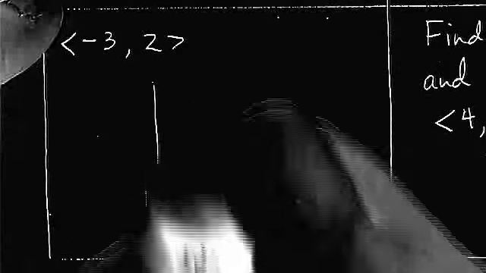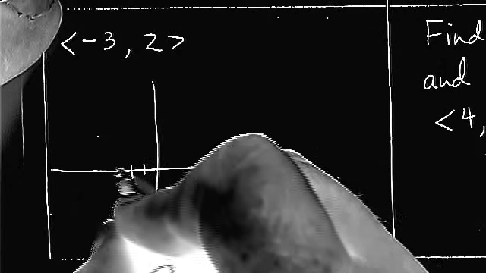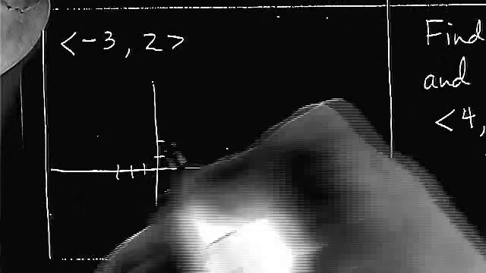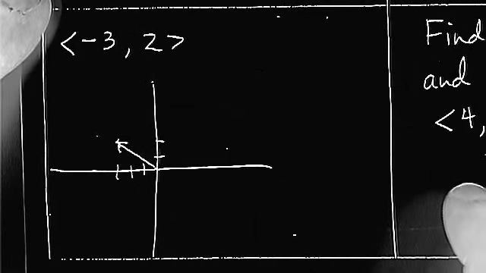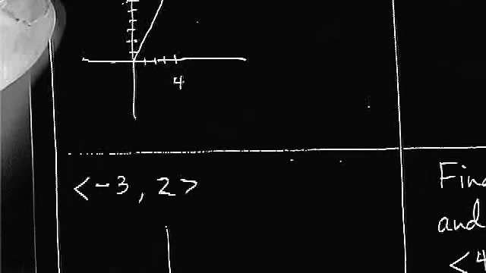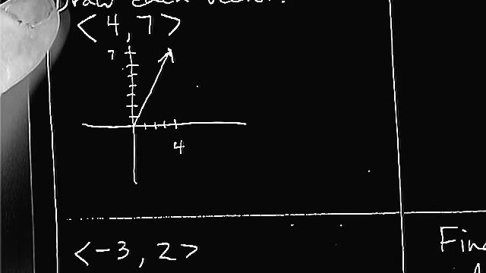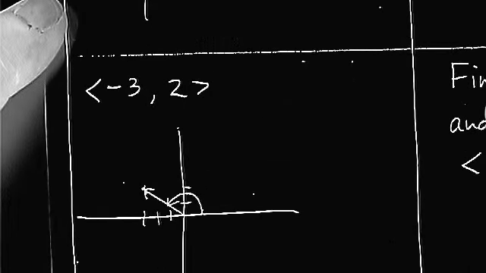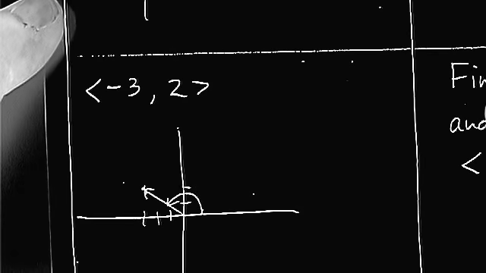We could have another one, right? 1, 2, 3. 1, 2. That's the end of the vector. And so there we have that vector. It has a length, but obviously the magnitude of that vector is smaller than the magnitude of that vector. Okay? And then we can also eventually find that angle right there, which is the direction of that vector.